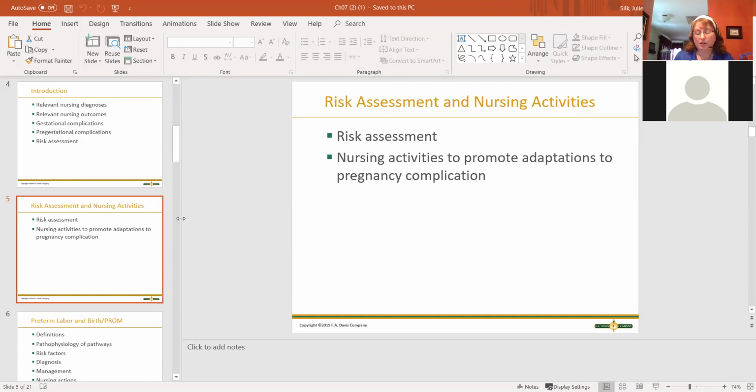Complications that arise during pregnancy. If they're going along just fine at first and then all of a sudden they start to have a complication, like maybe they get preeclampsia, that would make them high risk. Being overweight or obese is another reason you would be high risk. Carrying more than one fetus is going to make you high risk.